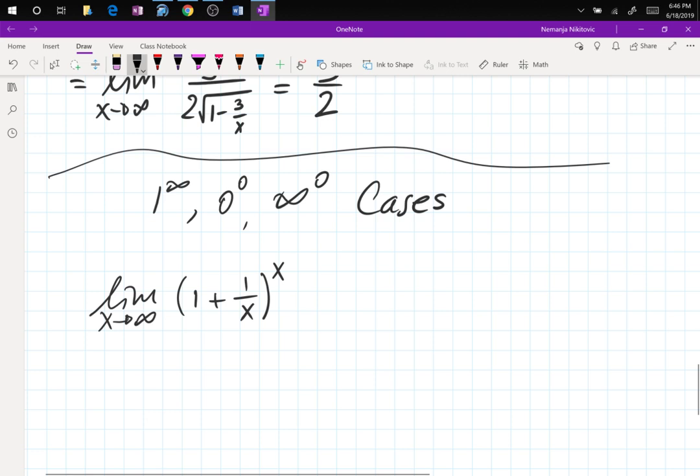And when you plug in infinity, you get the 1 to infinity case. Now, how much is 1 to infinity? Some people want infinity, some people want 1. Any other takers? It might be 1.